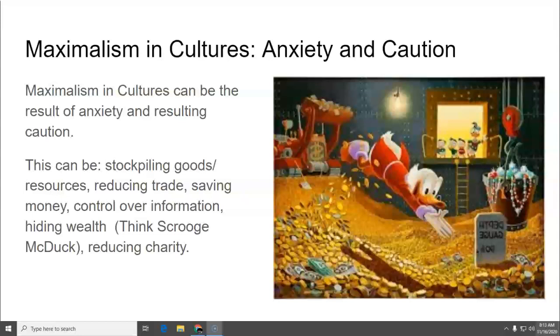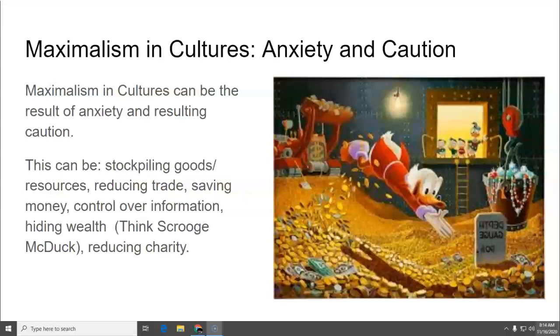We're not going to trade with you. Saving your money instead of spending it. Controlling information. So you have all the knowledge and you only give away little tiny bits of what you want people to know. And then hiding and hoarding your wealth and reducing charity. I need to take care of myself first.